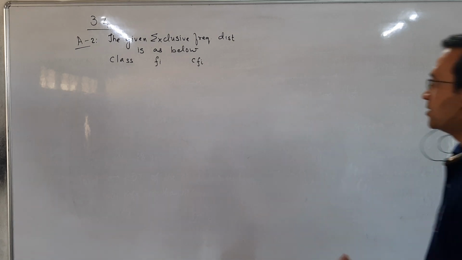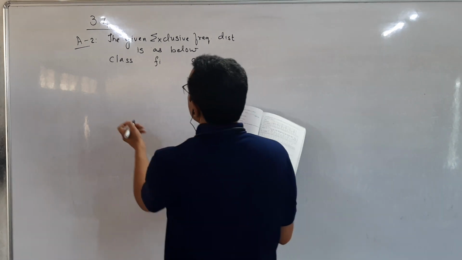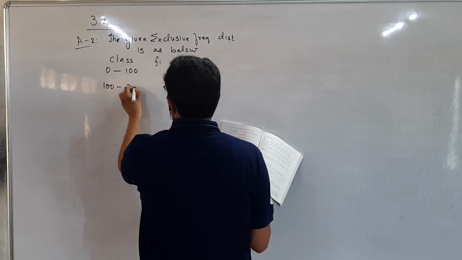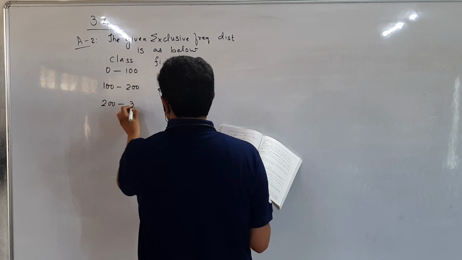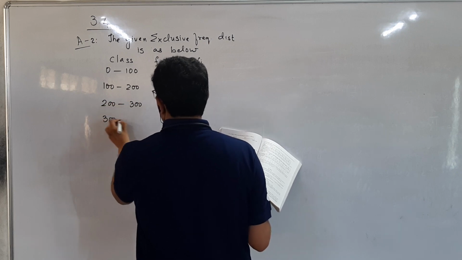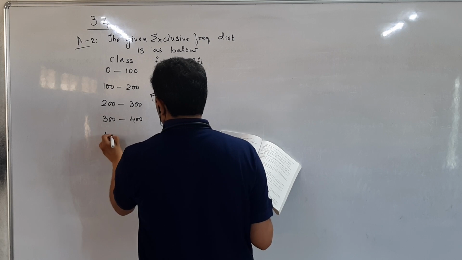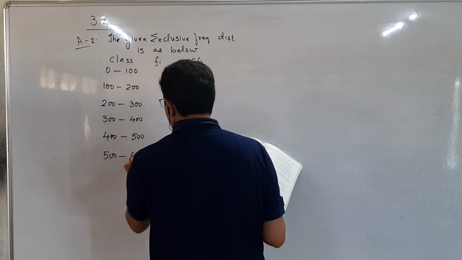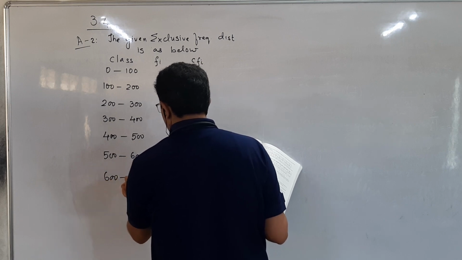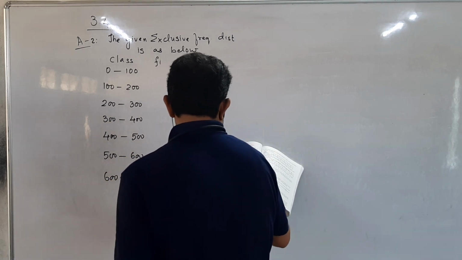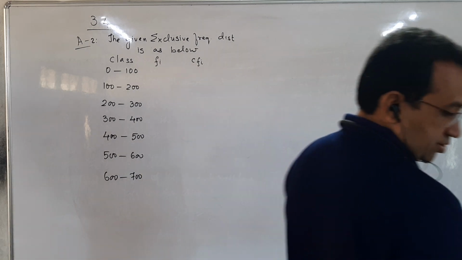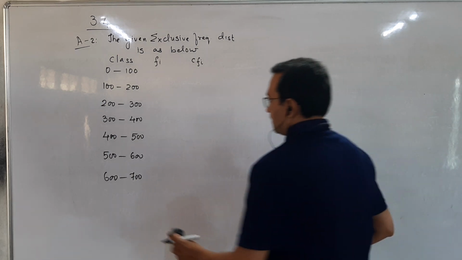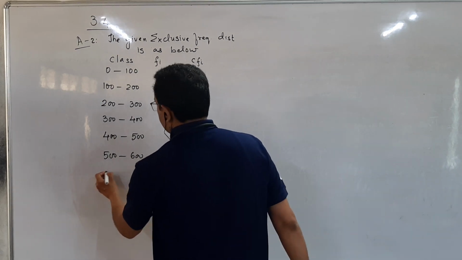Now students, the first class is 0 to 100, then 100 to 200, then 200 to 300, then 300 to 400, then 400 to 500, then 500 to 600. Sorry, we have been given only up to 500 to 600. Okay, students, this many classes.